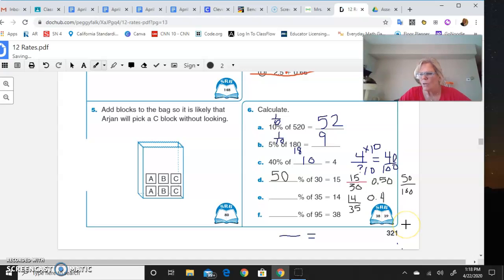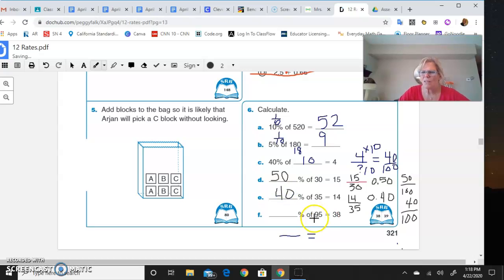Okay, hopefully you know that that's 4/10 as a decimal, 4 over 10. Or if I add this 0, now it's 40 hundredths or 40 over 100. Where's my 4? Okay, so that's the same as 40%.